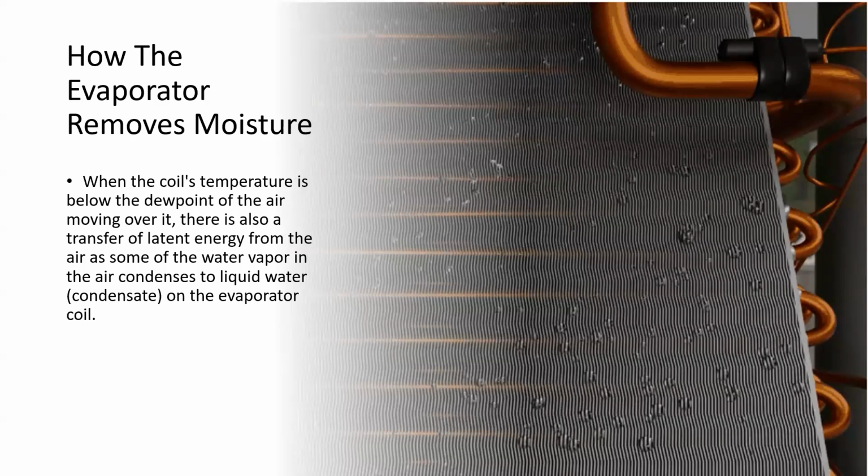That is the latent heat transfer, and it does not result in colder air at all. You're just going to see lower moisture content in the air. That's what you're going to see. That heat impacts the evaporator in the same way as a sensible heat load is added to the total heat picked up by the evaporator.